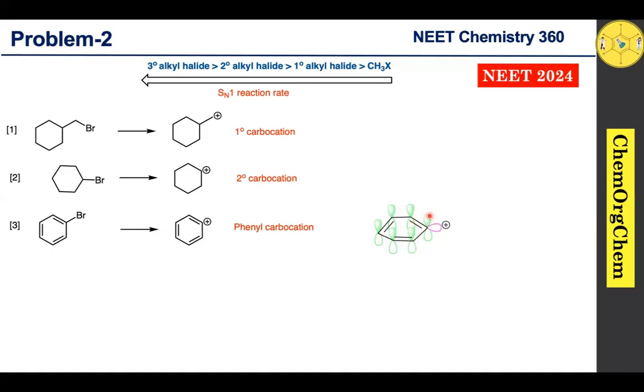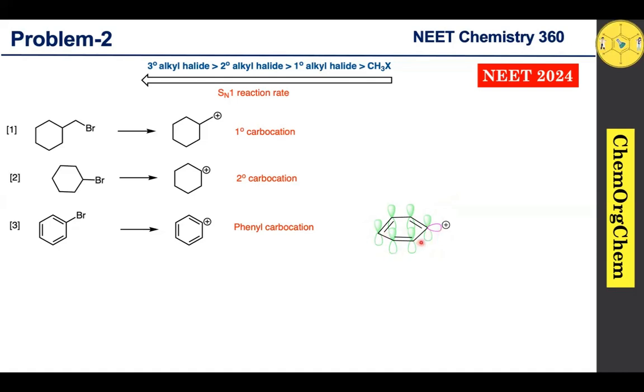Therefore, this orbital and the vacant p orbital are perpendicular to each other. So resonance stabilization is not possible in this case. Therefore, this phenyl carbocation is a highly unstable species.